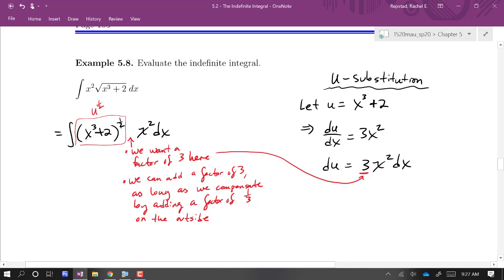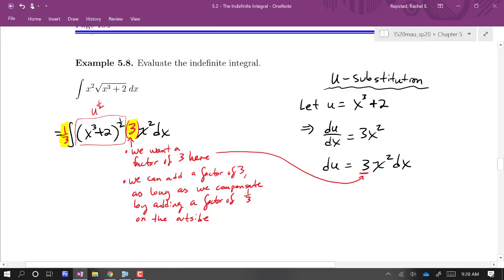I'm putting in a factor of 3, and compensating with the 1/3 on the outside. Really, all I've done is add a factor of 1. You know, constant factors can move in and out of the integral sign. So I really just added a factor of 1, but I've written that factor of 1 as 3 times 1/3.